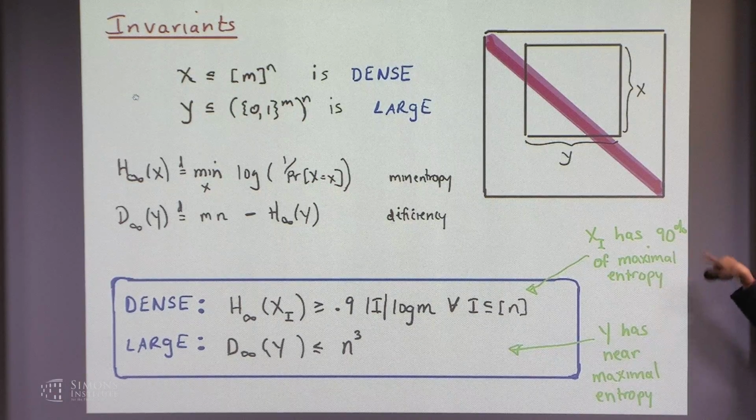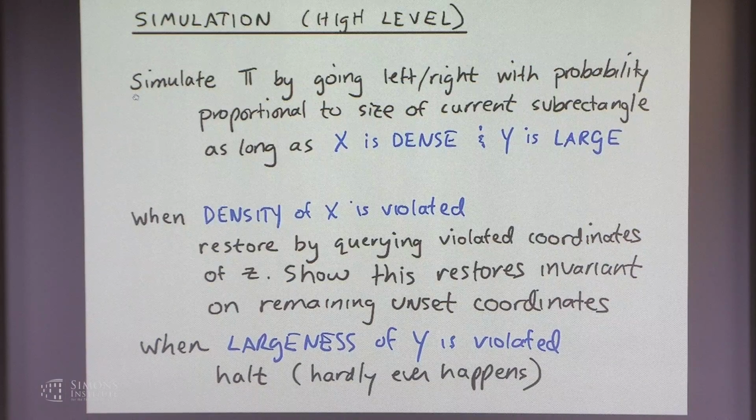So these are the invariants we want to maintain. And as long as these are maintained, we'll do what I said. As soon as this invariant is not met, then we'll have to take an action. So this is a little less high level, but still a very high level overview of the simulation. Simulate it going left and right as long as X is dense and Y is large.